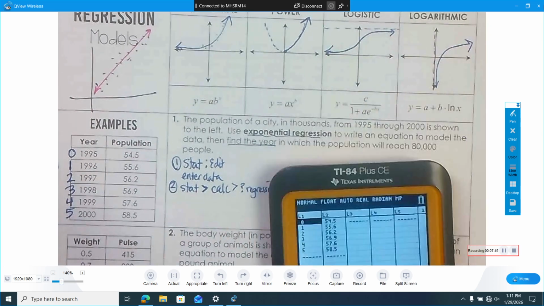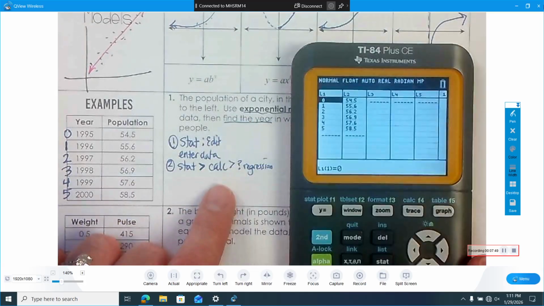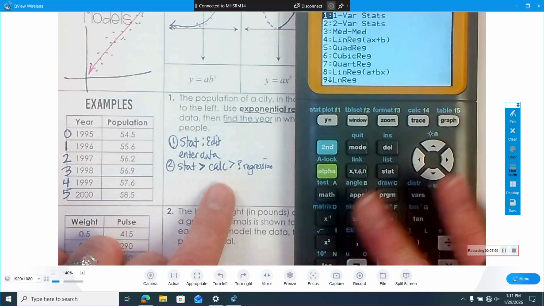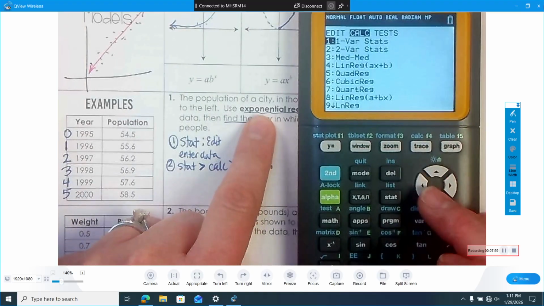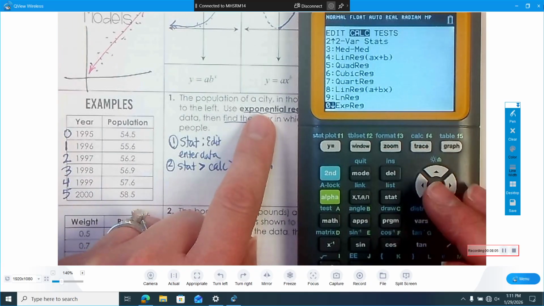So we want to do an exponential regression for this problem. And so I'm going to go back to Stat and arrow over to Calculate, we want exponential regression. So we're going to scroll down. Oh, right there, XReg is number 0, is exponential regression.